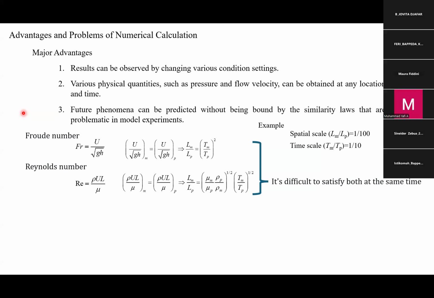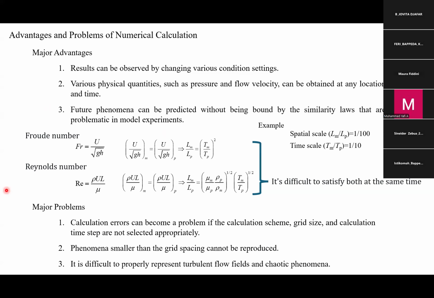So, but when we use numerical computation, we do not need to downscale the model. We can compute in the prototype scale. So we do not need to consider the Froude similarity law, or the Froude number and Reynolds number. This is a major advantage.